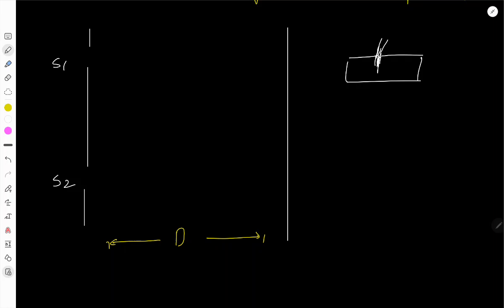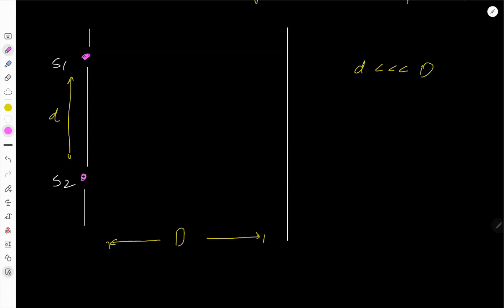And in between there is this gap, which is denoted by small d. So not that small, but we can say comparatively small. So d is very much smaller than capital D. And now we have kept a source of light at S1 and S2.